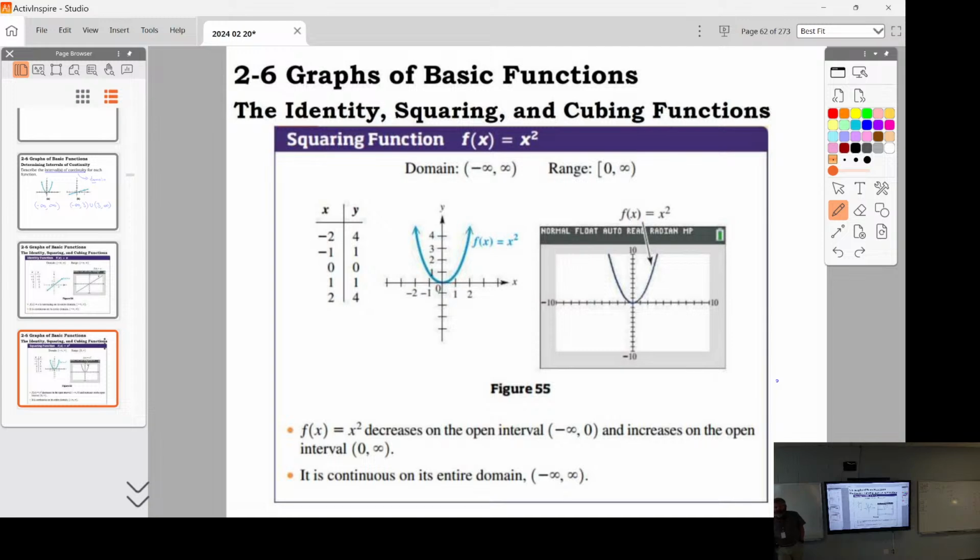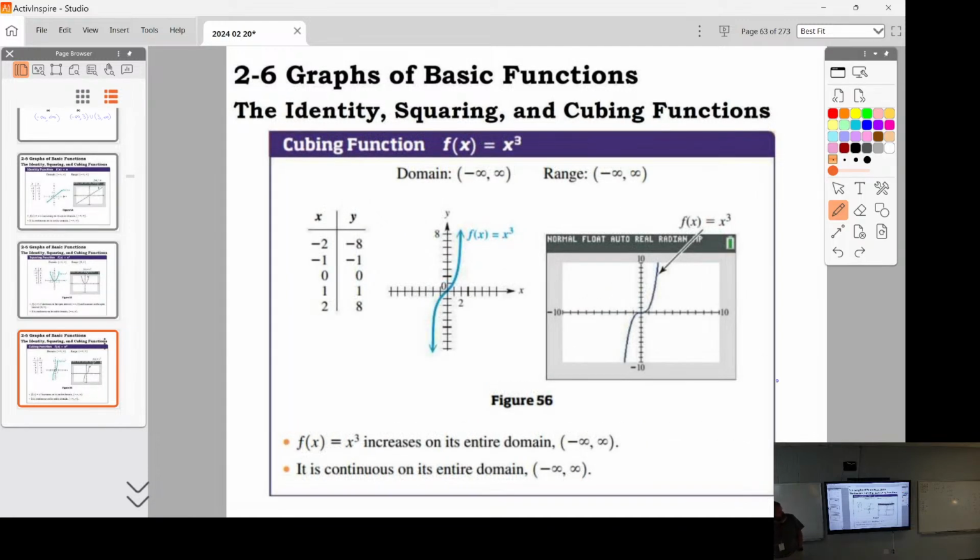Comments, questions on the squaring function? Okay. The next function is the cubing function. Y equals x cubed.